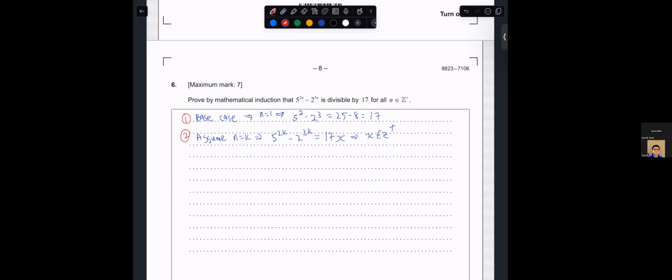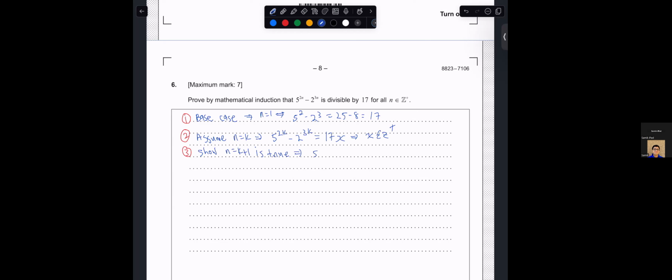Next we have to show that n is equal to k plus 1 is true. So now we have to plug in n is equal to k plus 1.